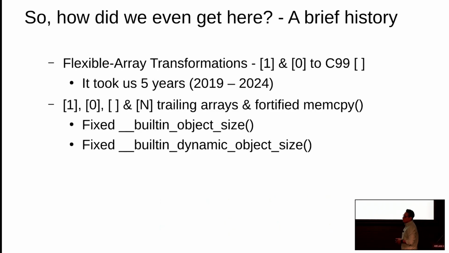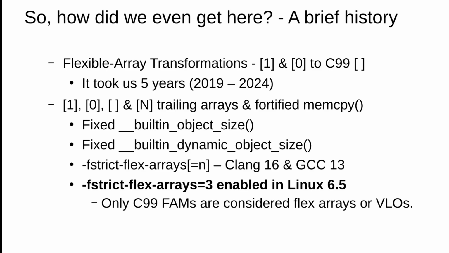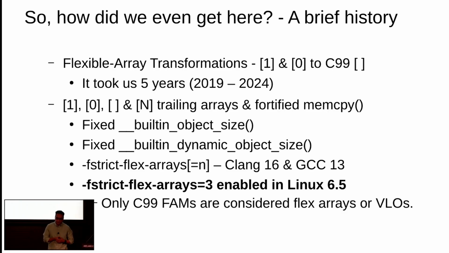Okay, let's continue with the story. Then this new compiler option, strict flex array, was implemented in Clang and in GCC. Thanks to this compiler option, now only C99 flexible array members are considered flexible arrays or variable length objects in the Linux kernel. So in Linux 6.5, C99 flexible array members became first-class citizens in the Linux kernel.